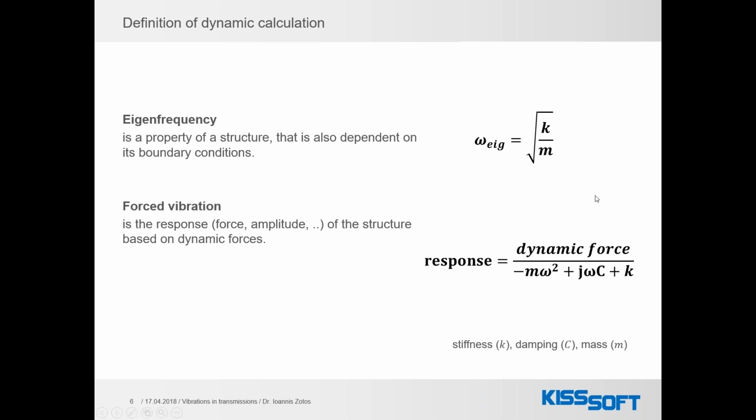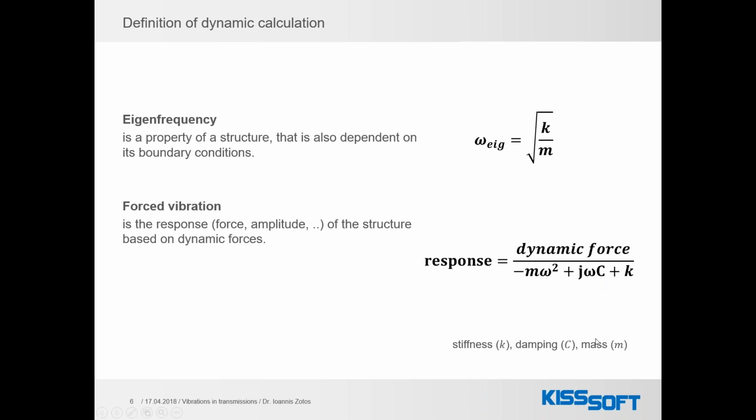As I said, it's a property of the structure, and depends on mass, stiffness, and the boundary conditions of the structure. Whereas for the forced response, the forced vibration gives us actually the response of the structure and the dynamic force.